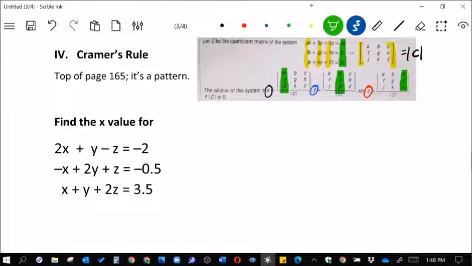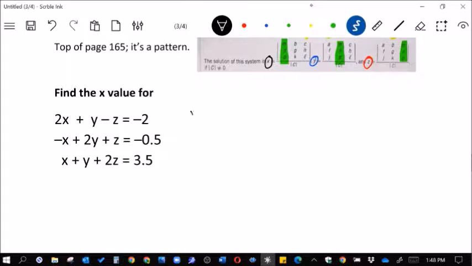All right, now let's take a look at the example. I have the coefficients of 2, -1 and 1, 1, 2, and 1, -1, 1, and 2. Oh, and I need to do, that's the matrix for it.